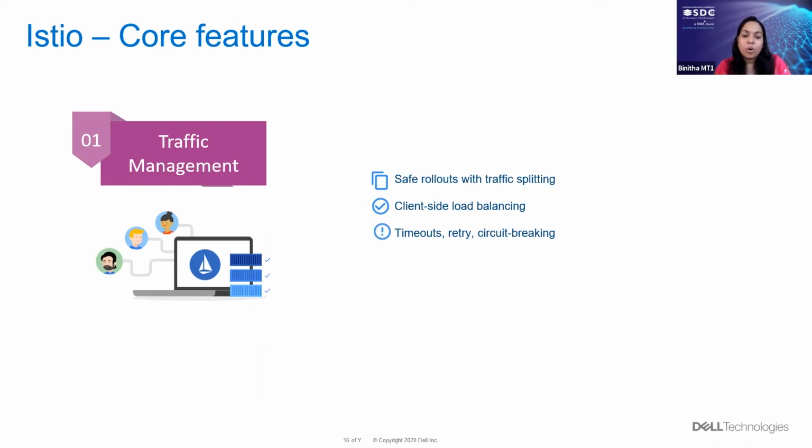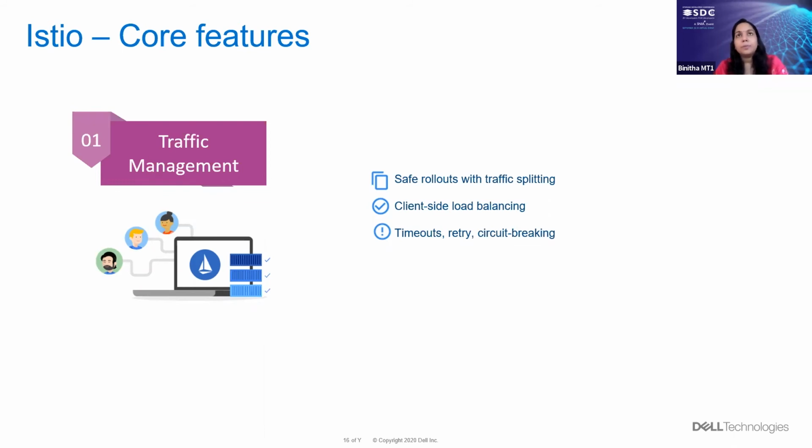Other than that, Istio provides a lot of tools for automation, and this also helps with traffic management. When I say traffic management, there are a lot of granular policies that you can specify in Istio. A few other features Istio provides are safe rollouts with traffic splitting, client-side load balancing, timeout, retries, and circuit breaking.